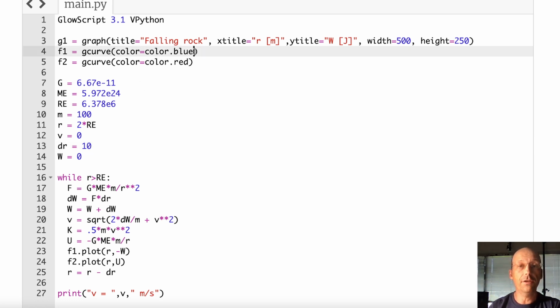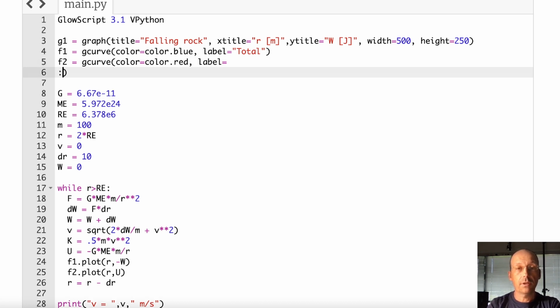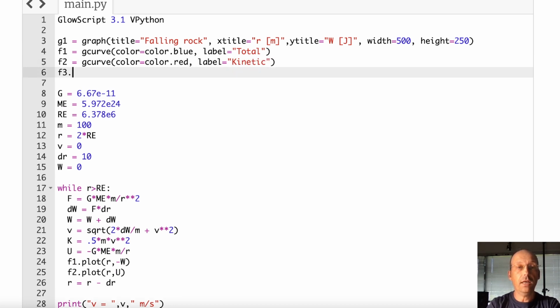So let's go up here and call this one the total, label equals total energy. This one I'm going to call kinetic, label equals kinetic energy. And then let's make F3 equals G curve, color equals color dot green. And let's just call this potential.